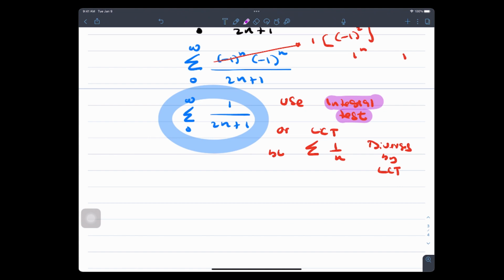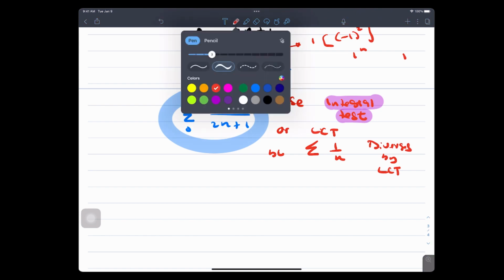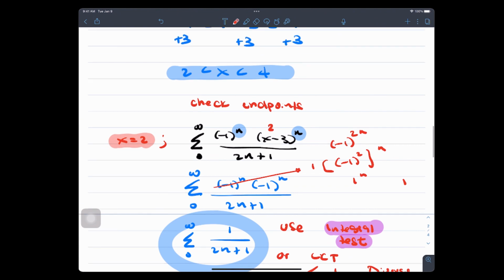That's how you know how to go about it. You go, yeah, I worked on my homework, right? My memory is like, oh, yeah, I'd done that before. It was on the integral test homework. Oh, yeah, I also did the limit comparison test. I think this was an example in class as well. And that's what you get when you check that endpoint where x is 2.